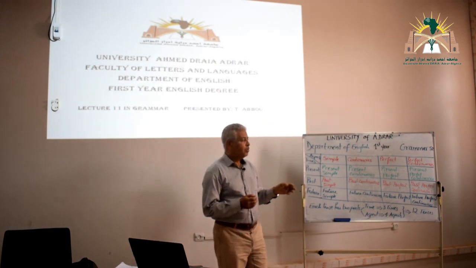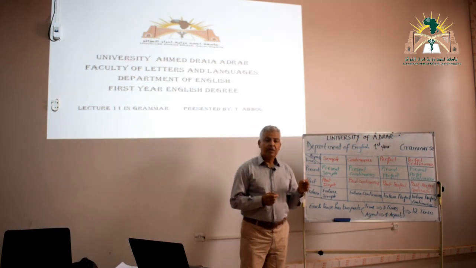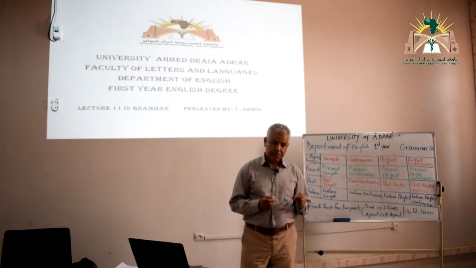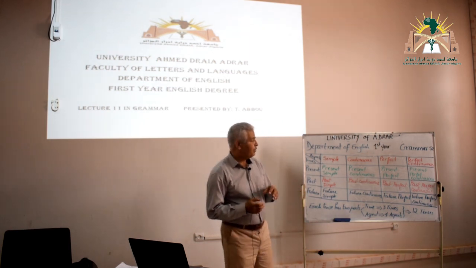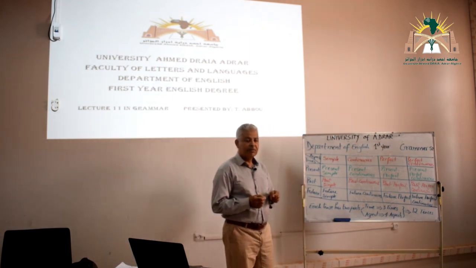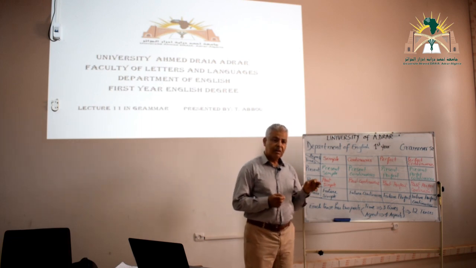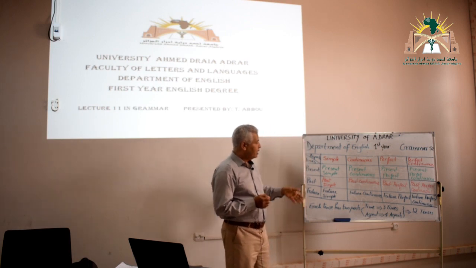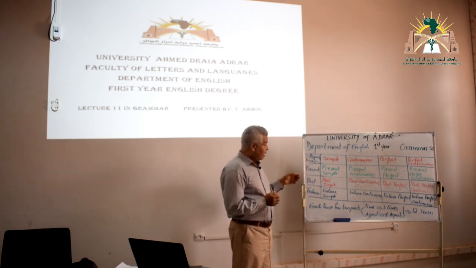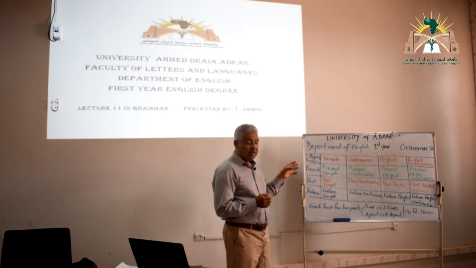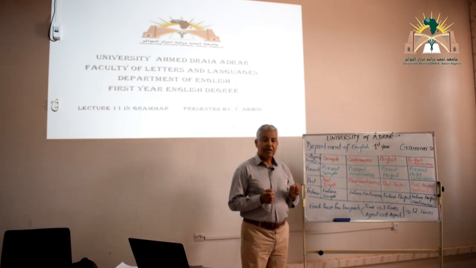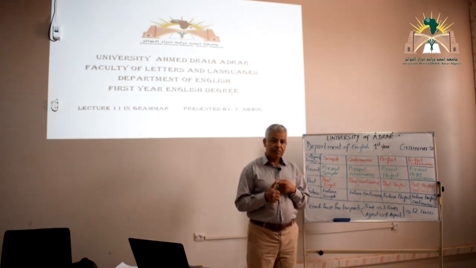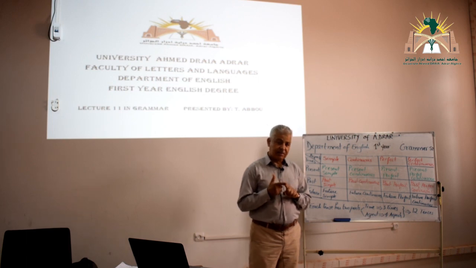Today, we are going to talk about the two last tenses that remain in our program. A quick review of the tenses that we have seen so far in this second semester. Look at this table showing the 12 tenses. In English, each tense has two parts: a time and an aspect.